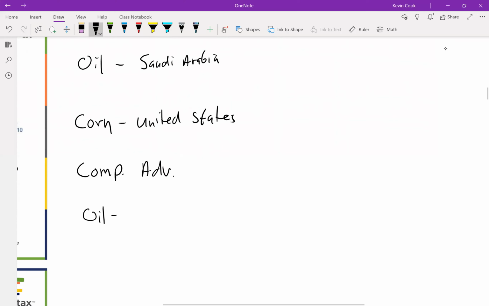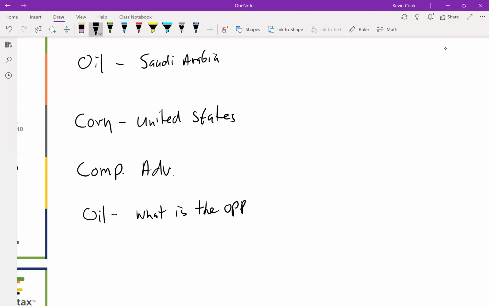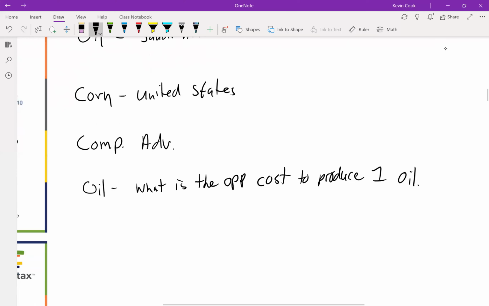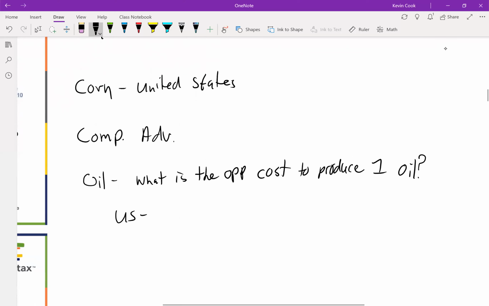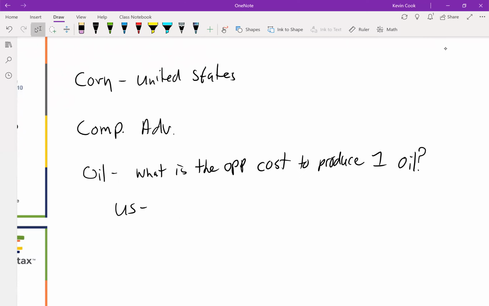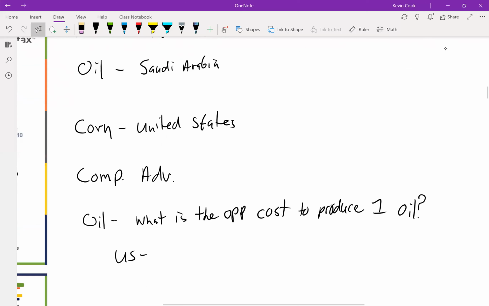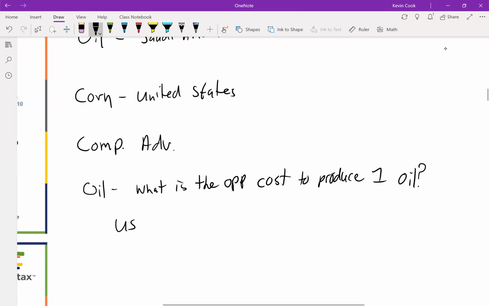So the question is, what is the opportunity cost to produce 1 unit, or 1 barrel, of oil? And we have to find this for each country. So in the US, we ask how much do I have to give up to produce 1 unit of oil? Another way we can think about this, just to keep everything in line with our fractions, is how much corn do I give up to make 1 oil?